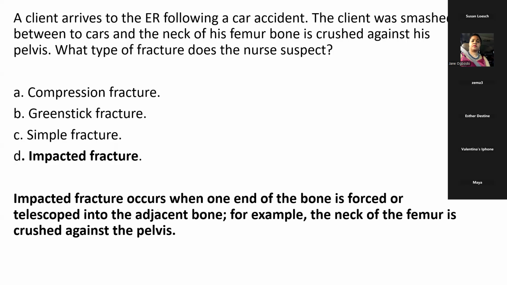Okay, impact. Simple is just a single one. Greenstick is a partial fracture. Remember, we said compression fracture is like the spine crushed, and we're going to see it in older adults, right? And comminuted is going to be multiple pieces, multiple bones there.